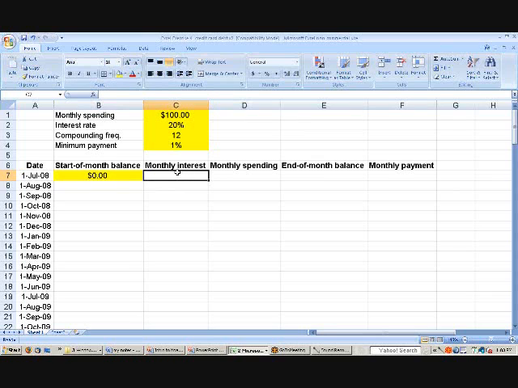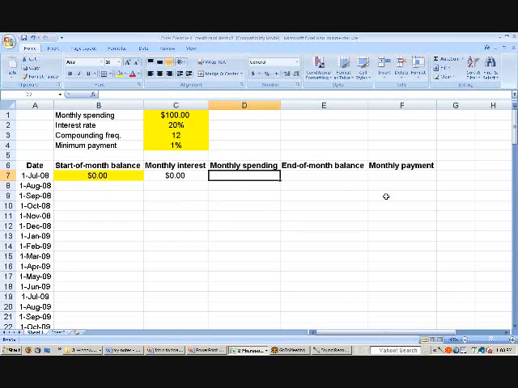And then the formula for our interest is going to be our monthly balance times the interest rate, which is 20%, divided by the compounding frequency, which is 12. And in the first month, we don't accrue any interest because we haven't used the credit card yet.